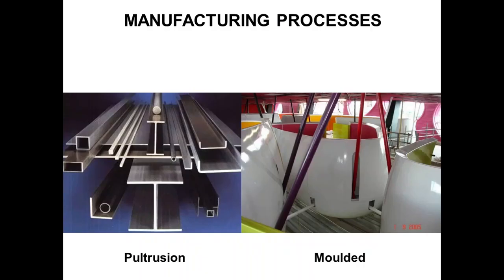So there are two main ways in which we use fiber reinforced plastics in construction of objects, and of course one is to pull them through a die. It's sort of the opposite of extruding, where you're pushing, which we usually do with steel and aluminium, don't we? We push it through a die.